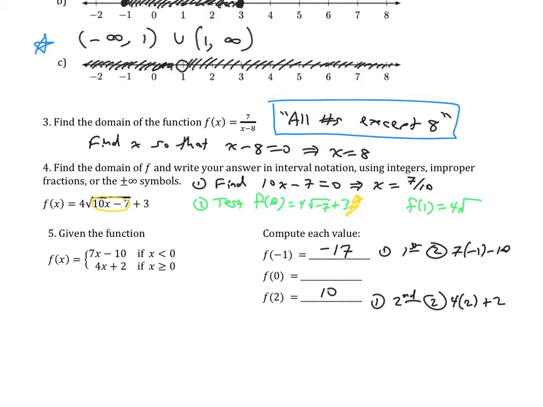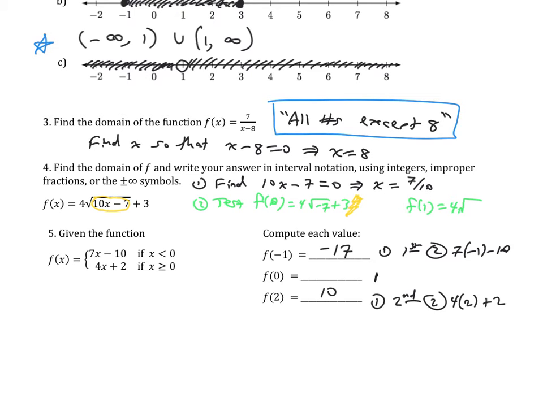And then finally, f of 0, it falls right on the margins here, right? That's sort of the transition point between these two. But because I'm using greater than or equal to here, 0 would satisfy this condition. 0 is greater than or equal to 0. That's true. 0 is not less than 0. So it's the second piece, again, that's in play here.